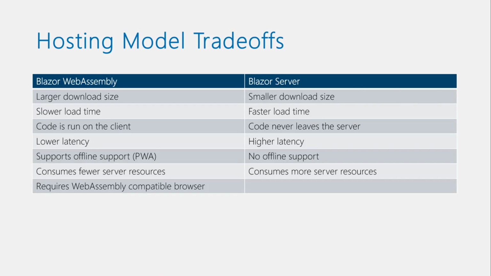With Blazor WebAssembly, one of the things is it consumes fewer server resources. All the logic is done on the client side, so all you need to do is throw all of your static files up into a cloud CDN and deliver that to the client, and the client can run it. The trade-off is that Blazor Server requires more server resources because it's rendering things.